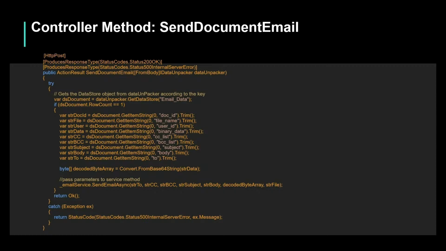So the document ID, the file name, the binary data, the CC list and BCC list, if any, and so forth. And then lastly, taking that binary data and putting it into a byte array. And finally, just calling the service method that uses MailKit to send out the email. And again, that just has a list of parameters, the CCs, the BCCs, and of course the attachment.